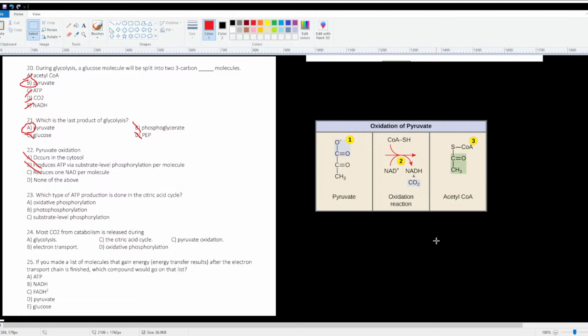That's another thing I want to emphasize, the locations of these processes. So we turn pyruvate into acetyl CoA, but look at what we're also doing: we're reducing NAD plus into NADH. So the answer would be C.